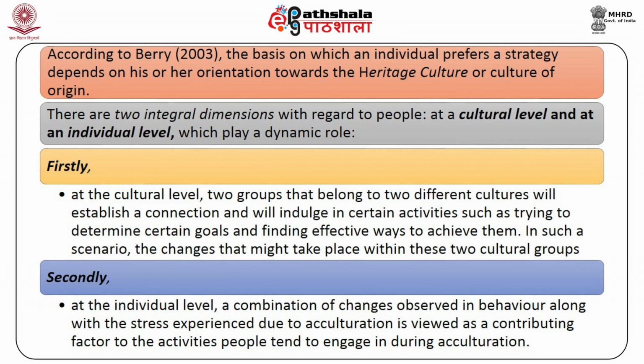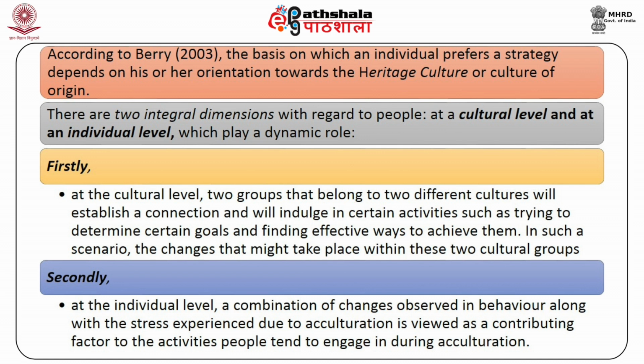There are two integral dimensions with regard to people, at a cultural level and at an individual level, which play a dynamic role. Firstly, at the cultural level, two groups that belong to two different cultures will establish a connection and will indulge in certain activities such as trying to determine certain goals and finding effective ways to achieve them.